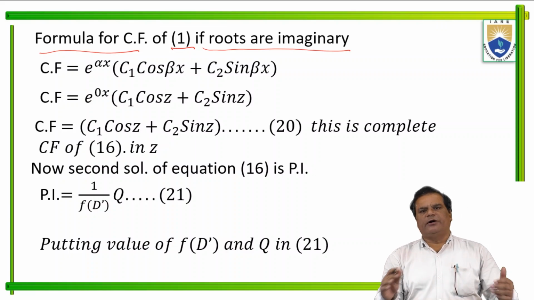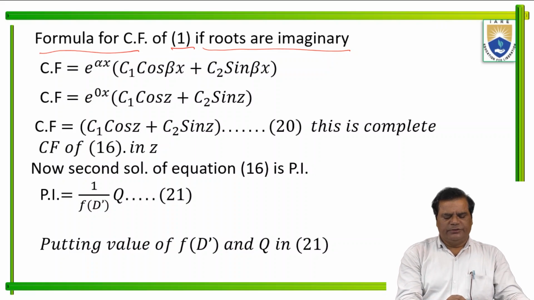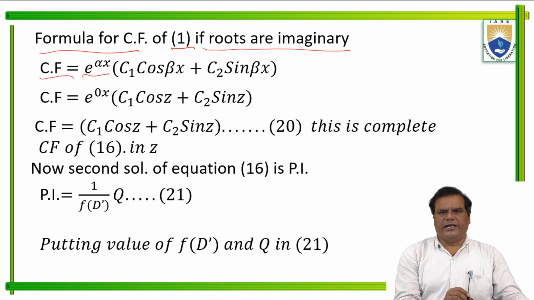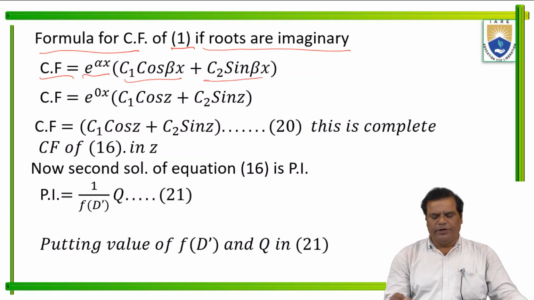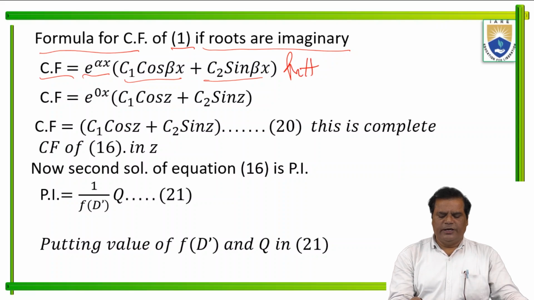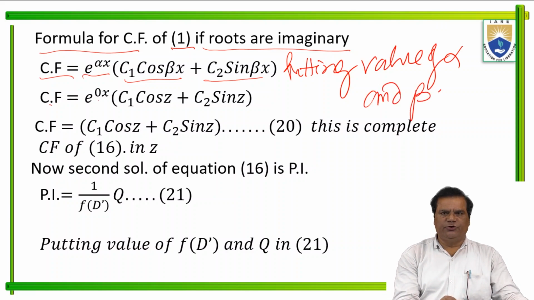This is the formula for the complementary function: CF equal to e to the power alpha x (C1 cos beta x plus C2 sin beta x). Putting the values of alpha and beta, alpha is 0, so e to the power 0, C1 cos z plus C2 sin z, beta being 1.